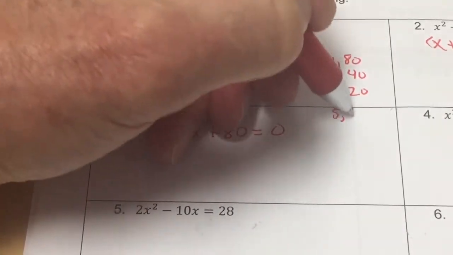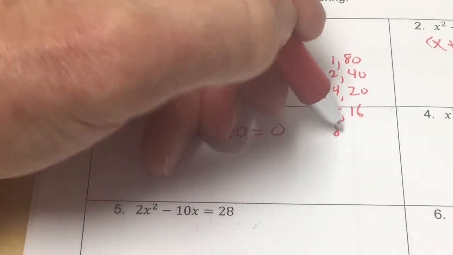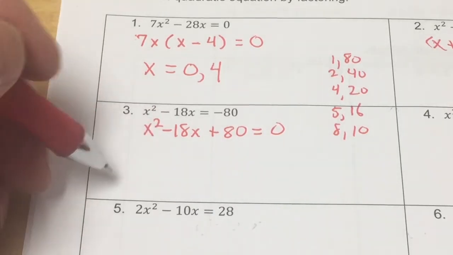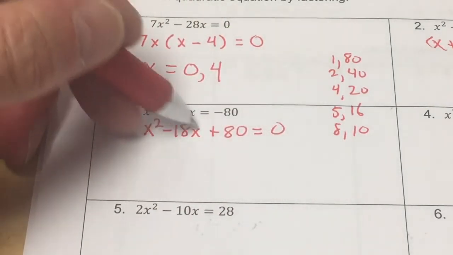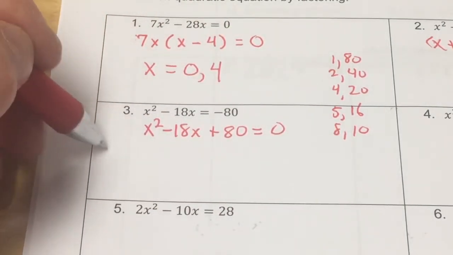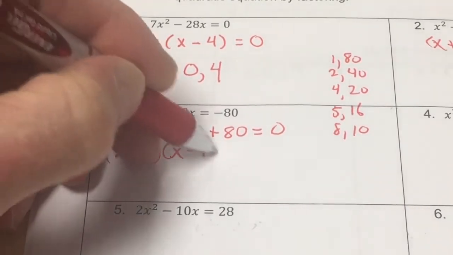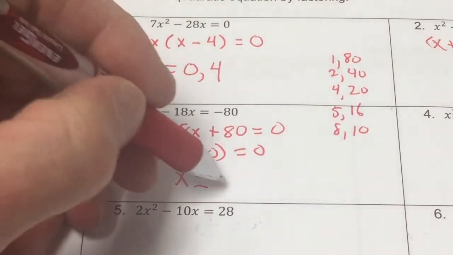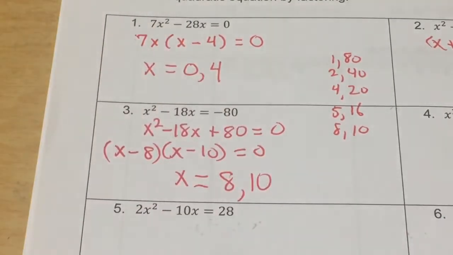Let's see, 5 times 16, 8 times 10. Is there another one? I think that's all. So the pair that's going to work for us is 8 and 10, because we can make that into negative 18 if we make both of them negative. So x minus 8 and x minus 10 are the factors that will work. And with those 2 factors, our 2 solutions will be 8 and 10.